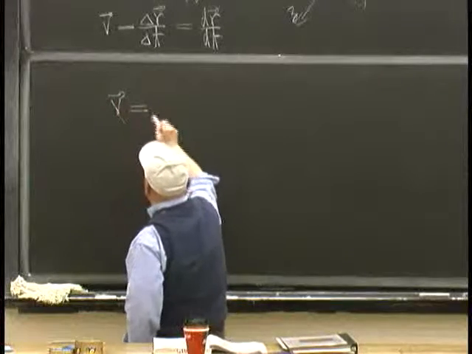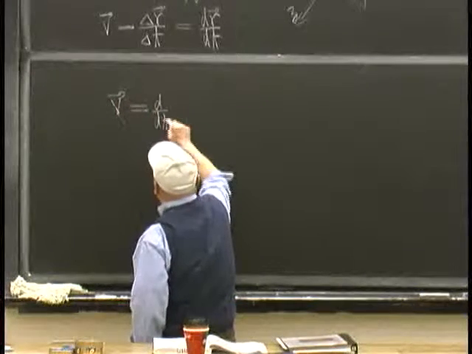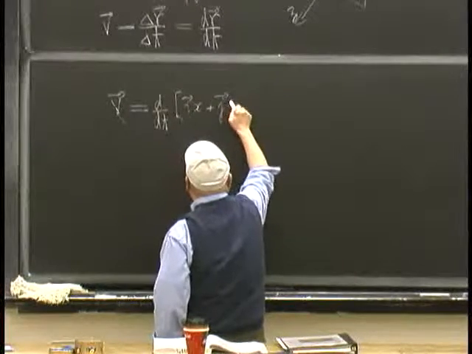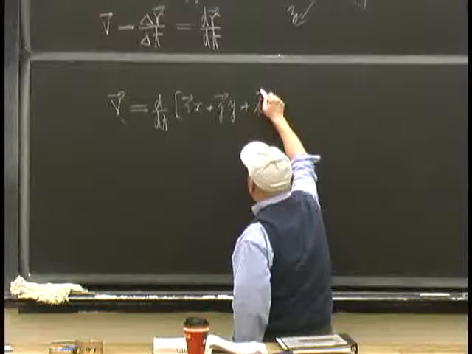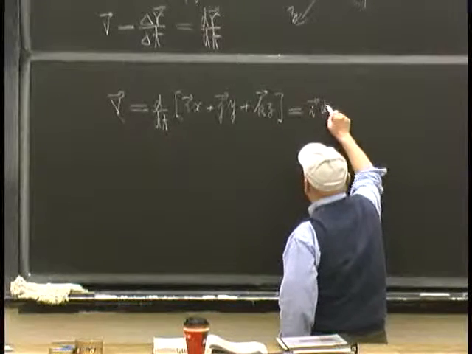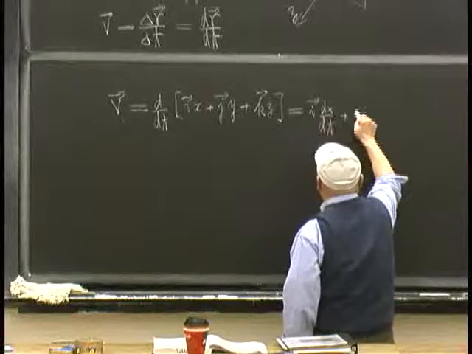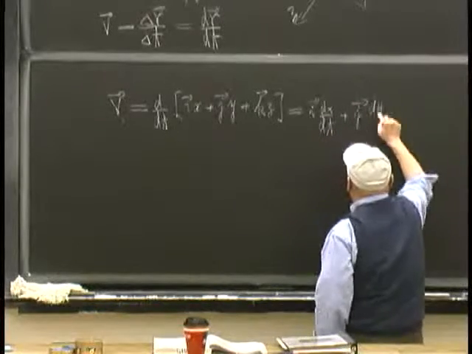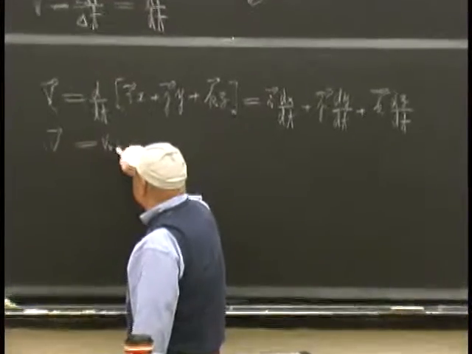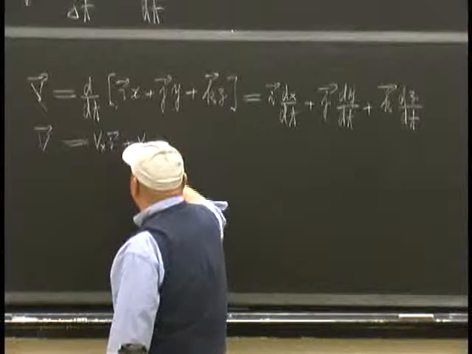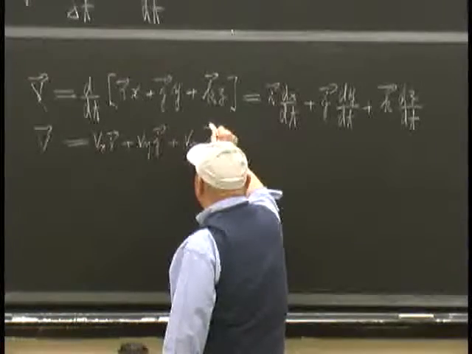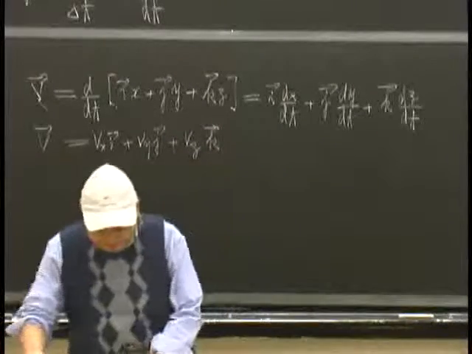The vector v equals d/dt of (i x plus j y plus k z), and that is equal to i dx/dt plus j dy/dt, which is called v_x in the i direction plus v_y in the j direction, and then plus v_z in the k direction. So bingo, you got it.